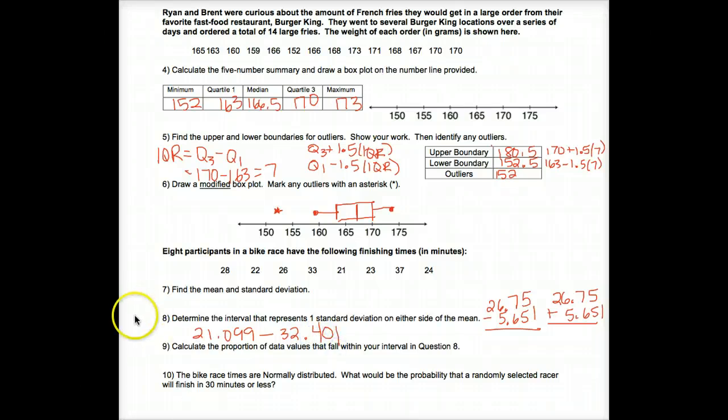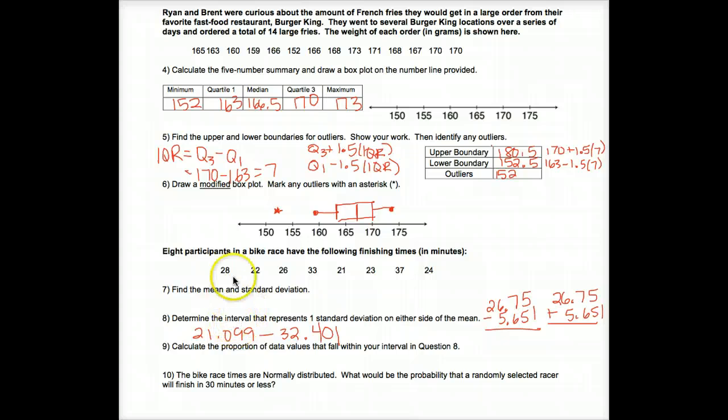I want to make sure you know the difference between number 9 and number 10. Number 9 asks you to calculate the portion of data that fall in your interval. That means to actually look and count. So it has to be between 21.099, so since these are all whole numbers starting at 22, up through and including 32.401, which means it would include 32.